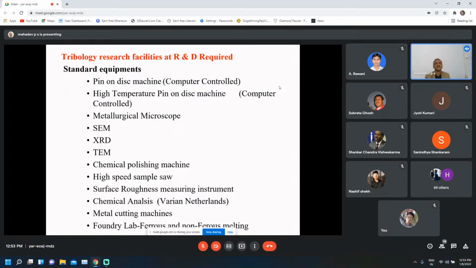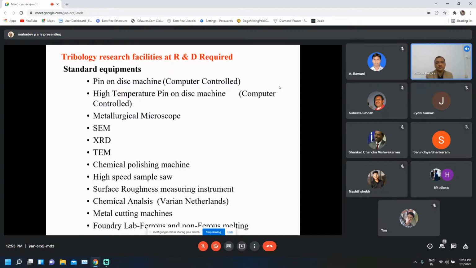So you need to have a metallurgical microscope for observing the worn surface after the test is conducted. You may need to conduct scanning electron microscope (SEM) studies, which you may not get in your colleges or R&D centers. Usually NITs, IITs, and big organizations have SEM, XRD, and TEM facilities.